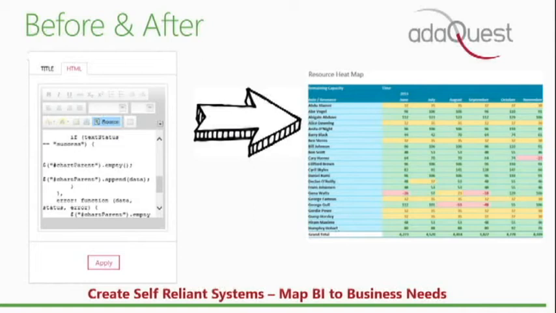So if you're familiar with heat maps, obviously red shows that a particular resource is overutilized, yellow is somebody that's becoming constrained, and green is people that are okay as far as the amount of work that they've been given.